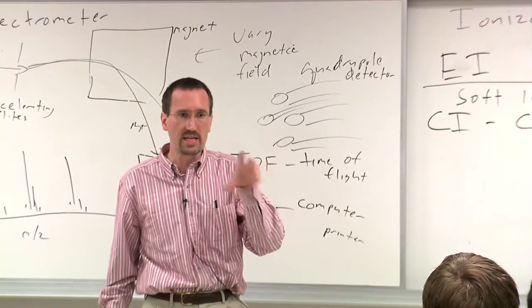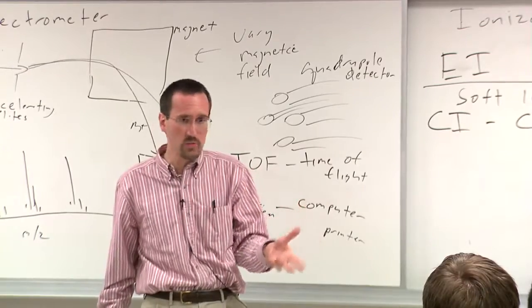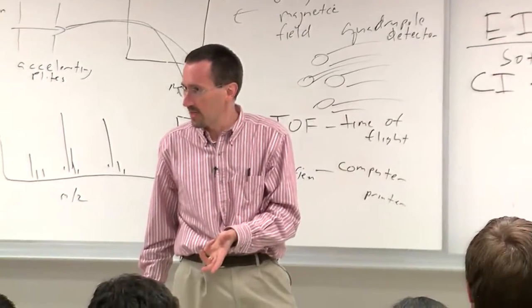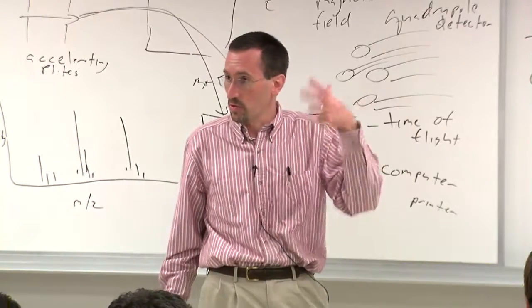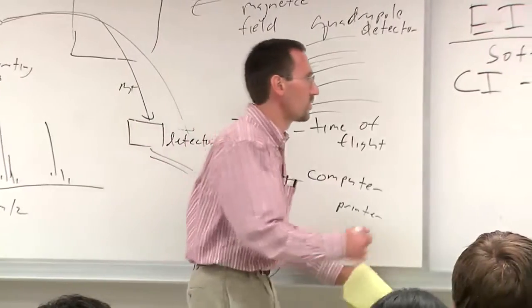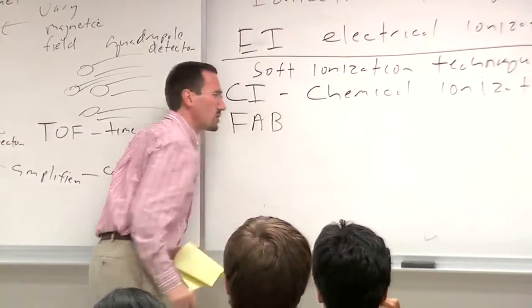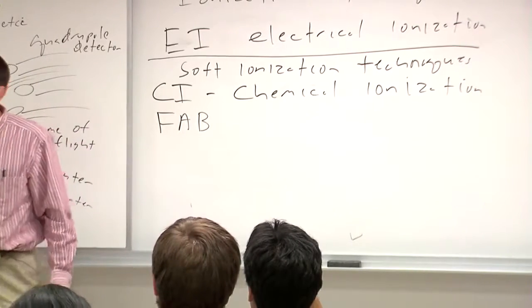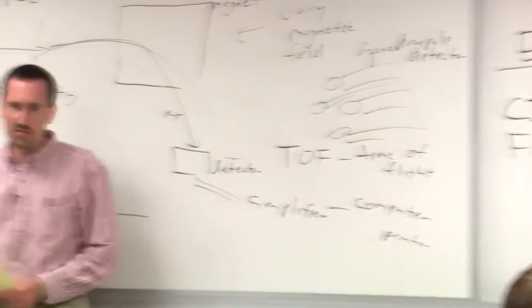Often what you're doing is adding a proton to the molecule, which in a way is much more intuitive to an organic chemist because you're basically using a strong acid to protonate the molecule. One of the problems of chemical ionization and of electron ionization is getting the molecule into the gas phase.